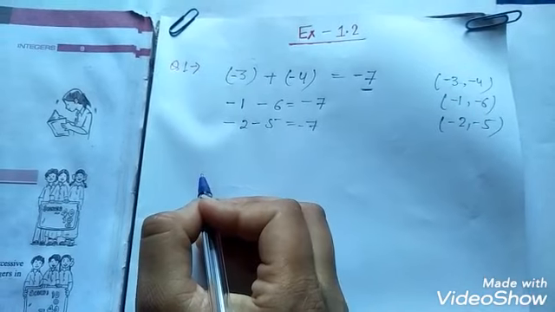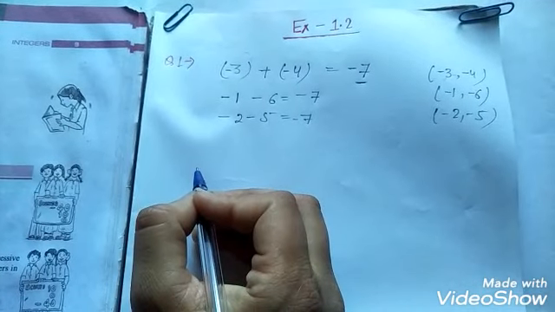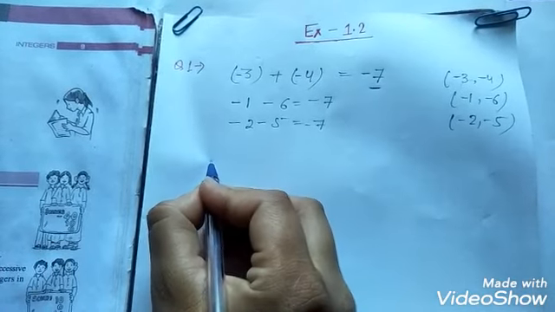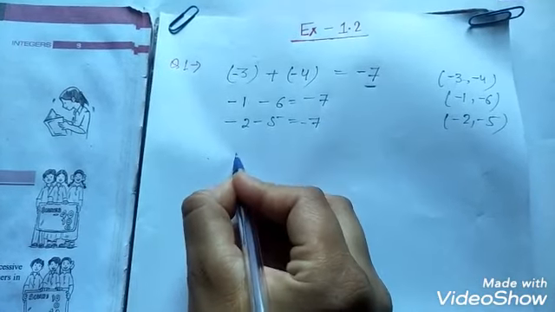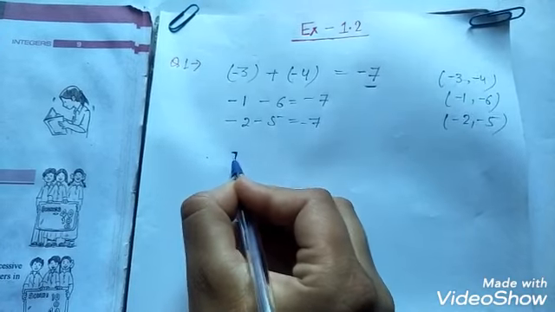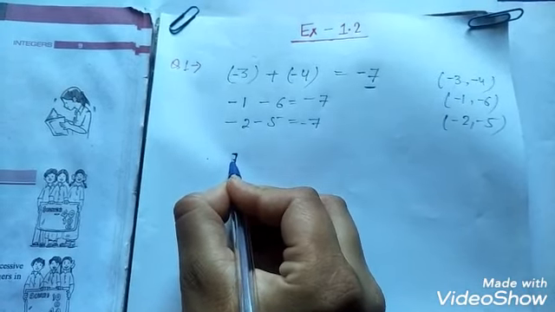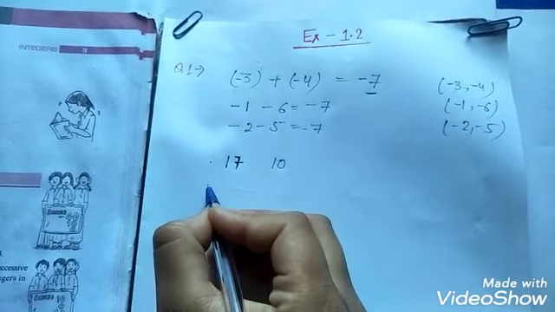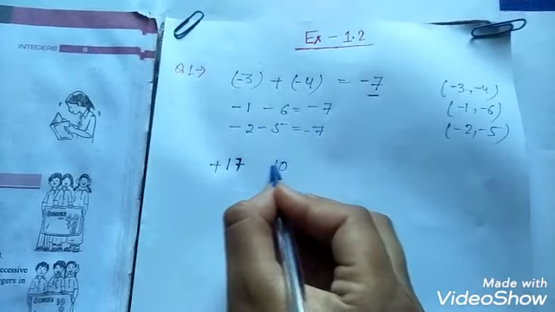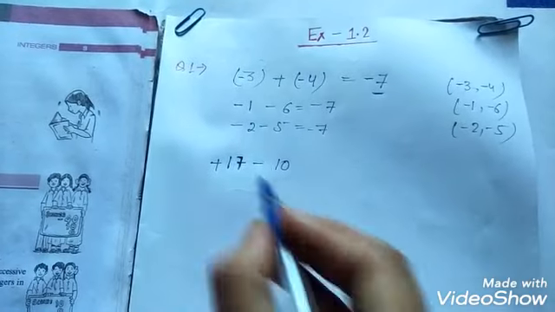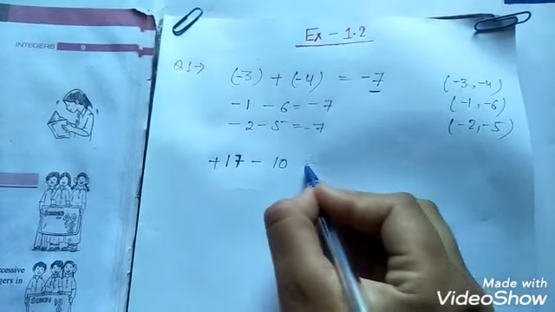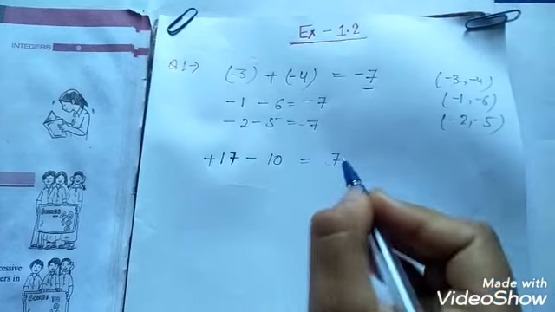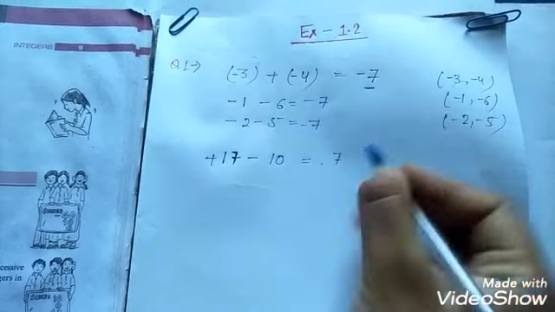In the second way, we take one integer positive and one integer negative. 17 and 10. 17 is positive and 10 is negative, plus minus. 17 minus 10 is 7, plus 7.